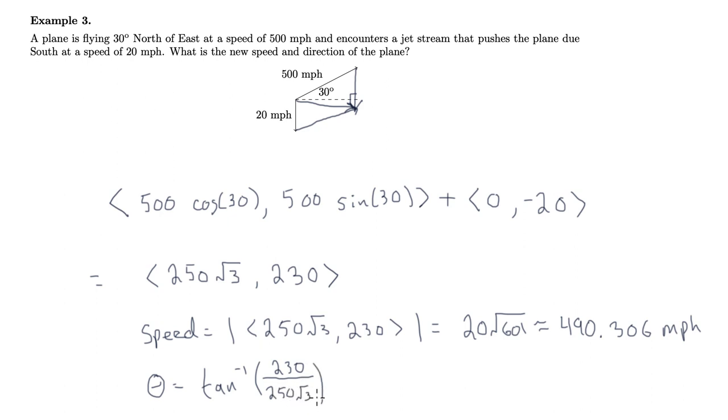So tangent is opposite over adjacent. And this gives us, well, approximately 27.9756, and this is degrees, and it'll still be north of east.